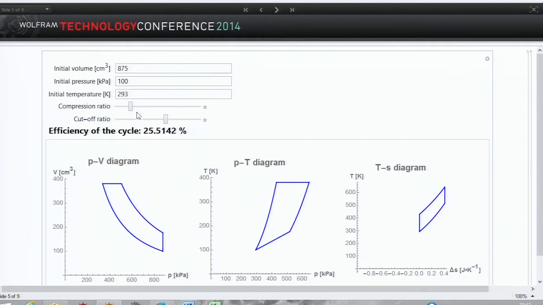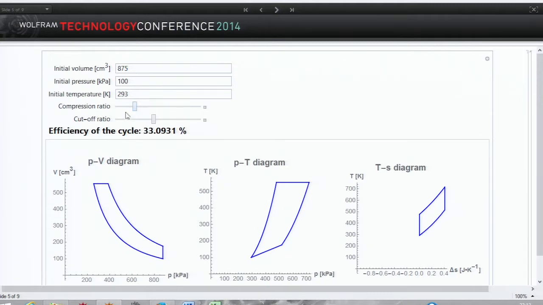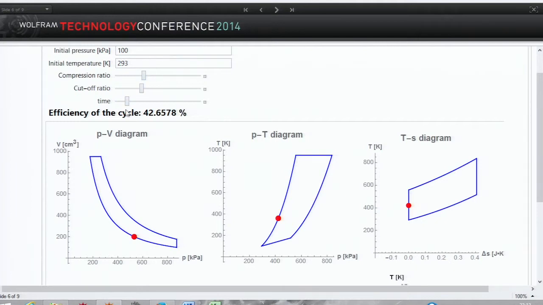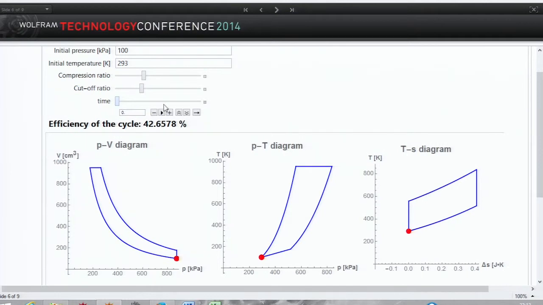But just constructing these diagrams where the student can change just the compression ratio, cutoff ratio, and initial values, it's too easy for Mathematica. Mathematica can do better. So we decided to make it a simulation in time. We constructed these little points, and the student can run the simulation.